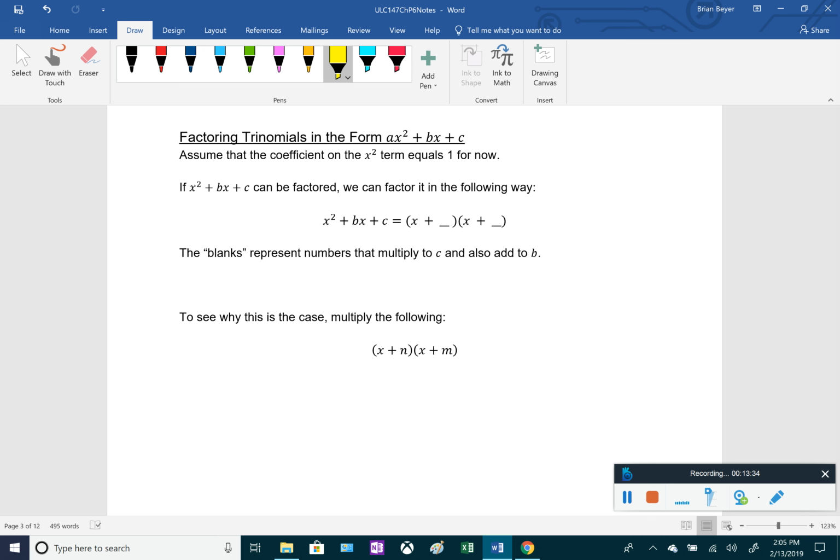If we can factor it, it won't always be able to be factored, we can factor it like this. It's going to equal x plus or minus a number times x plus or minus a number. So the blanks represent just a number. Those blanks have to multiply to the constant c, and they also have to add to the coefficient on the x, which is b. So it's pretty easy once you get a hang of it.